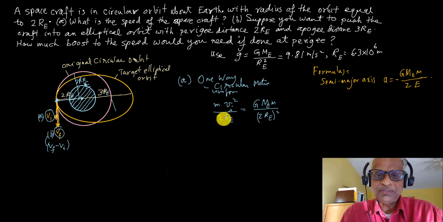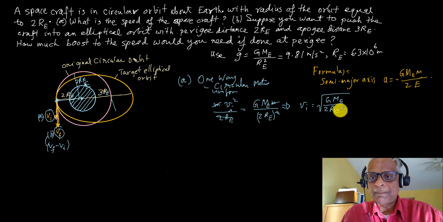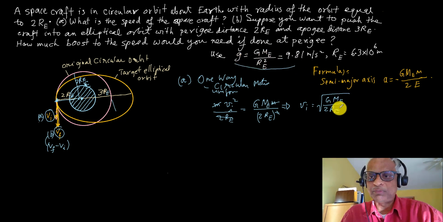So this one's very easy to simplify. The m goes away, one 2re goes away. And so vi is just, since it's a speed, I take the plus part, the square root of G M e over 2re. And we're told that we can use a simpler one, so I just multiply by r square and divide by re.